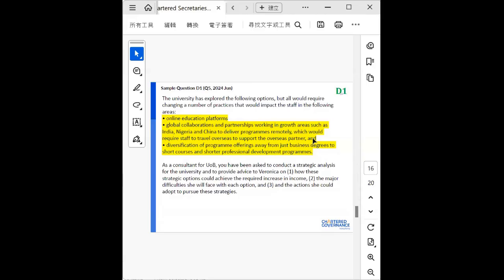You need to expand this and think about the physical presence abroad, and the pros and cons of the physical presence abroad. That implies a more resource-intensive approach. The extension may stem from the consultant's interpretation of how to maximize income growth and market reach and all sorts of things.